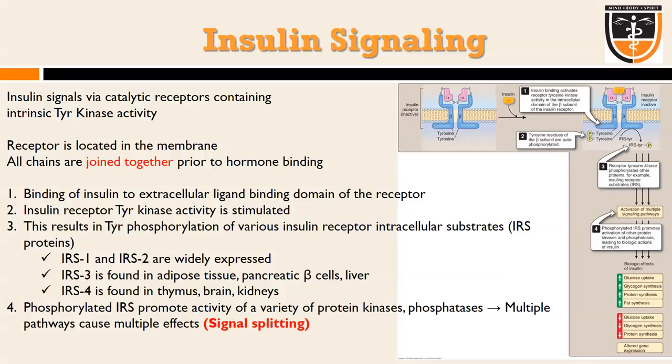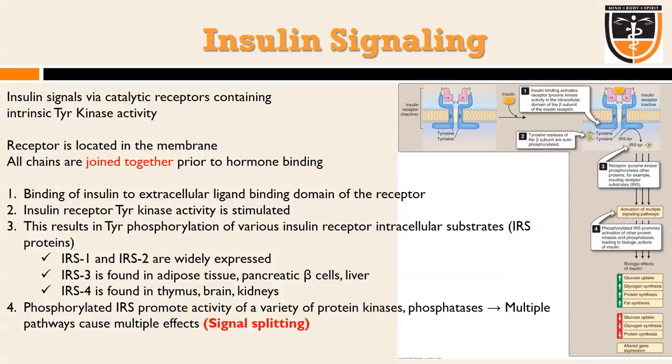So one single signal can cause tons of signals to pop out and work on different spots. It's really, really extensive signaling. So phosphorylated IRS will promote activity of various protein kinases and phosphatases, and will result in these multiple effects. And this phenomenon is known as signal splitting.